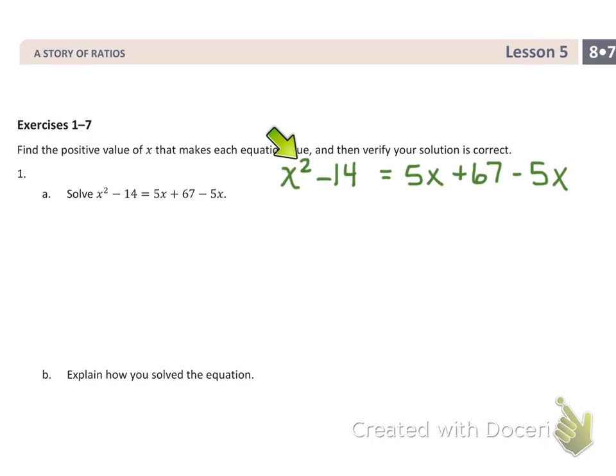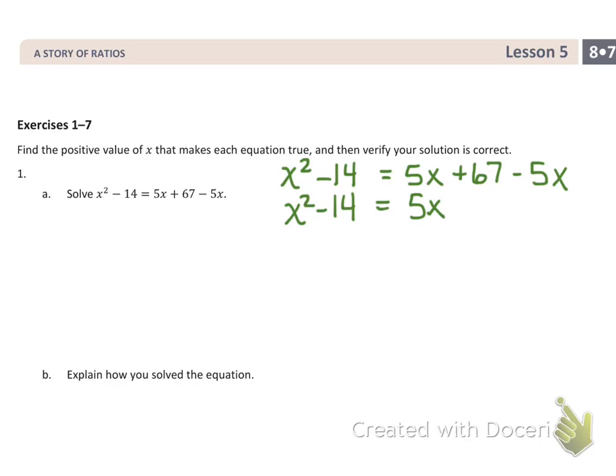I have x squared, and there's a constant term, and then here's an x term, another x term, and another constant term. So I know I'm going to be combining the x terms and combining the constant terms in this equation. And so first thing I'm going to do is just work on one side, and that'll be the right side.